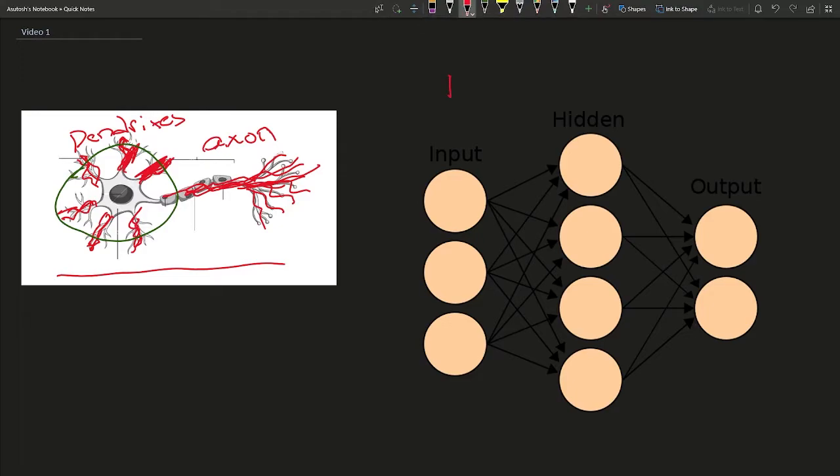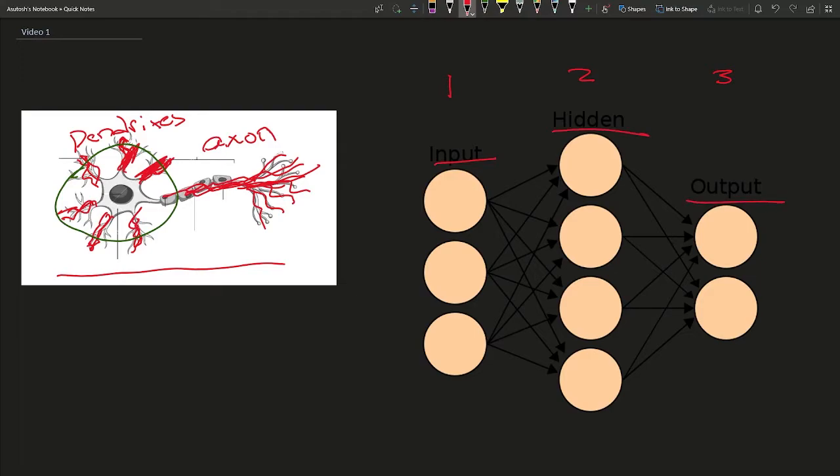There's a column right here, another column right here, and the third column right here. When dealing with neural networks, we don't really call these columns. We call these layers. So we have these nodes grouped in layers, and there are three different types of layers that you can have in a neural network: an input layer, a hidden layer, and an output layer.